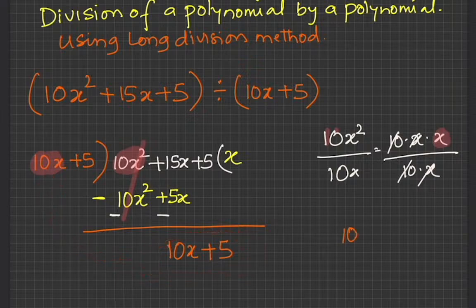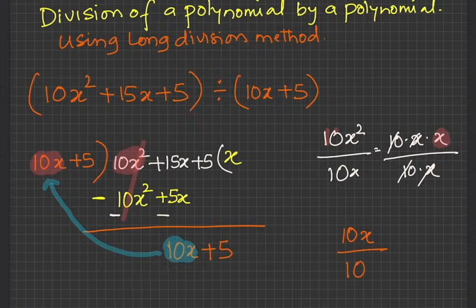So I have this 10x that I have, and I'm going to divide this again by the first term of the divisor, right? I'm going to take this 10x and divide by this 10x.